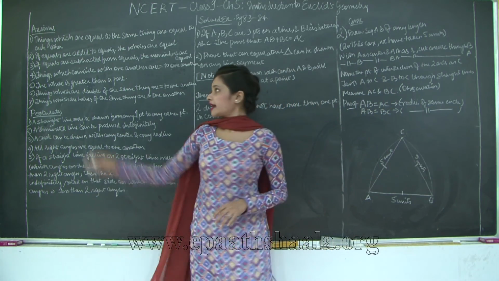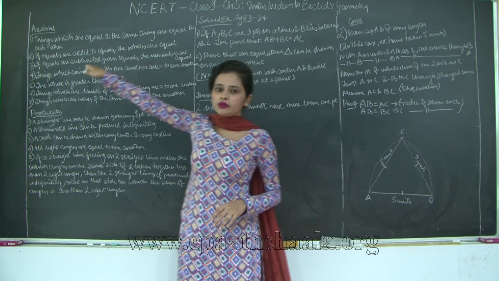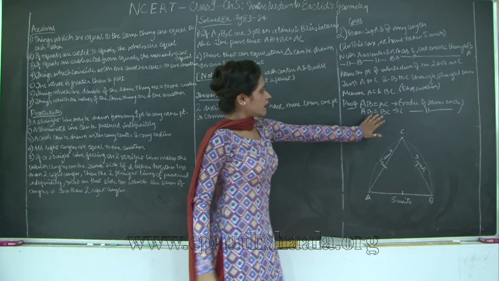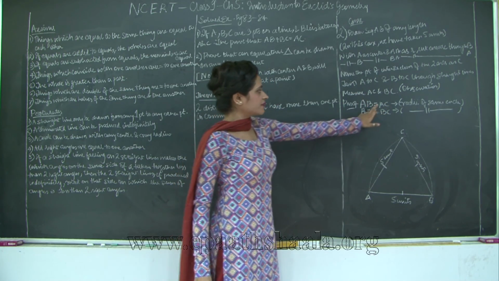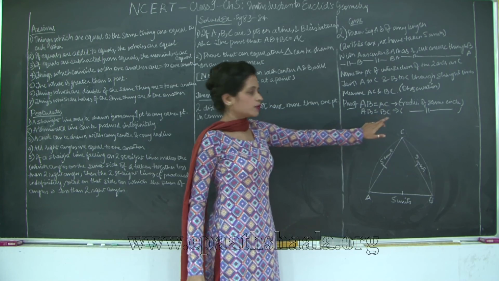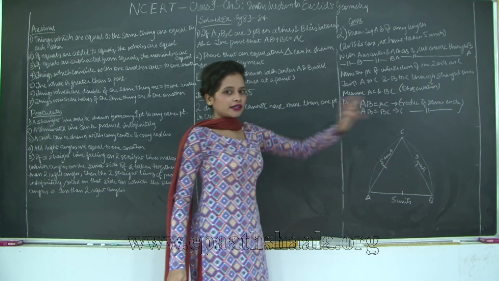So now using our axiom, the first one over here, things which are equal to the same thing are equal to each other. What can we say? Now AC and BC are equal to AB. Both of them are equal to AB. Therefore, we can say that AC is equal to AB, which is equal to BC. You can write it in any order.